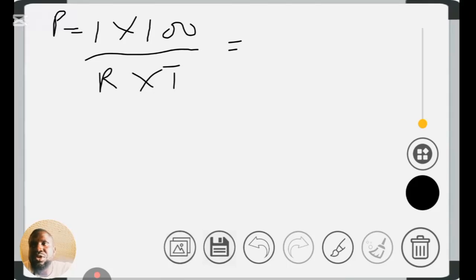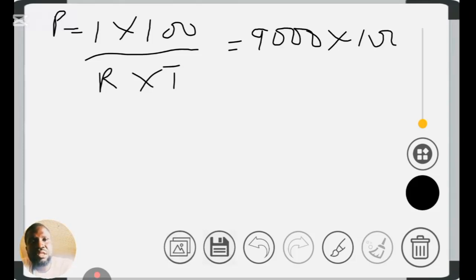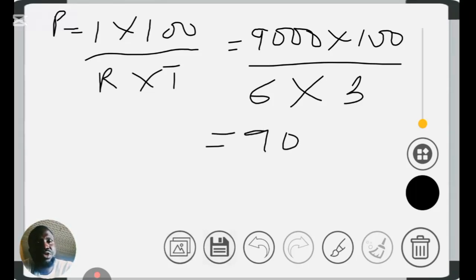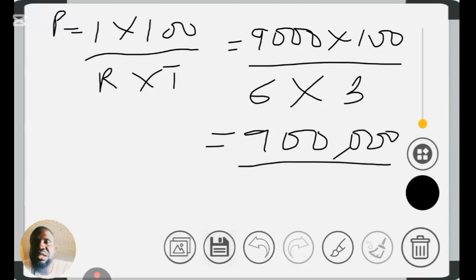So let's substitute each letter for the number they represent. Now if you look at the question, the interest is what? 9,000 naira. So you say 9,000 naira times 100, divided by, what's our rate? Our rate is 6% times the time, which is 3 years. So 9,000 naira times 100 is going to give us 900,000, divided by 6 times 3, which is 18.